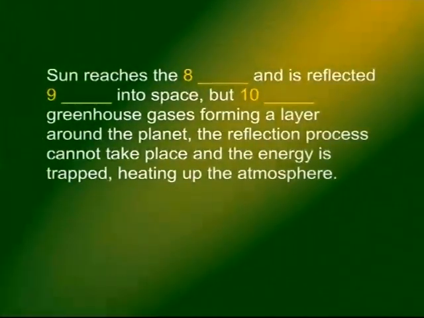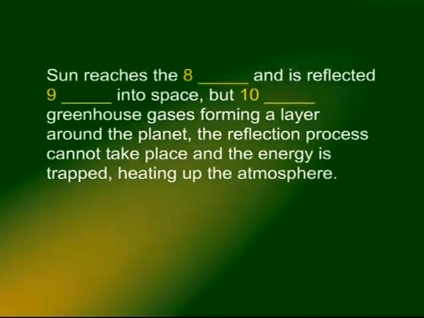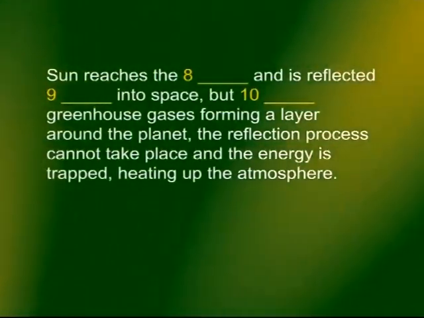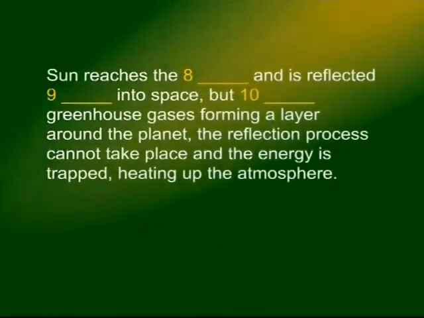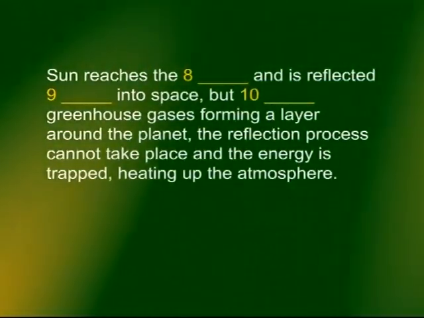But with greenhouse gases forming a layer around the planet, the reflection process cannot take place. So it has to be the preposition with. And the energy is trapped, heating up the atmosphere.